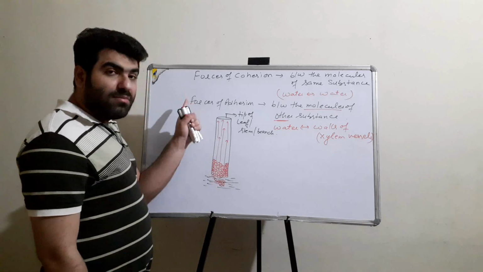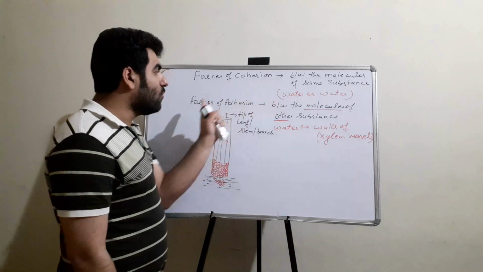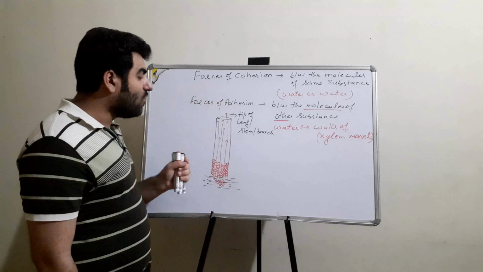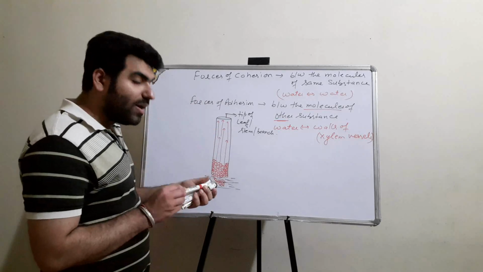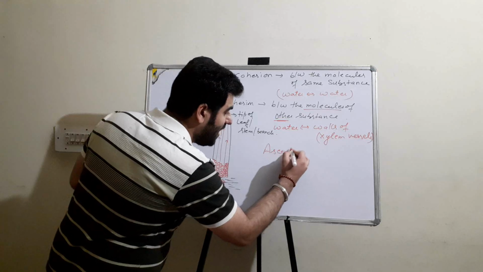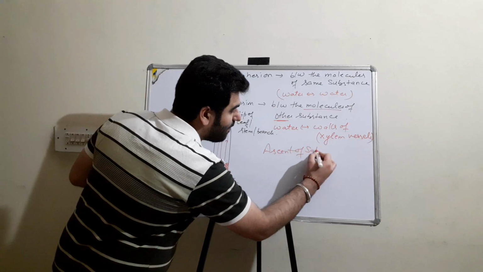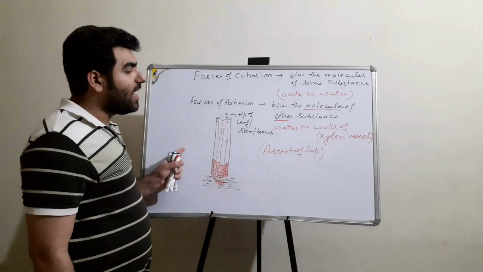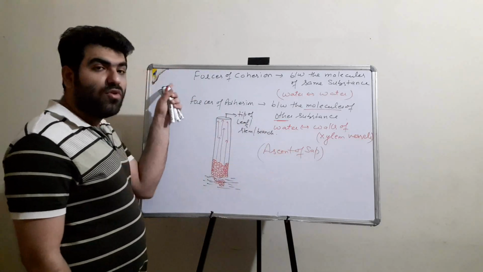The upward movement is controlled by the forces of cohesion as well as adhesion. This is how the water is moved upward, and this entire thing completes the process of the ascent of sap.